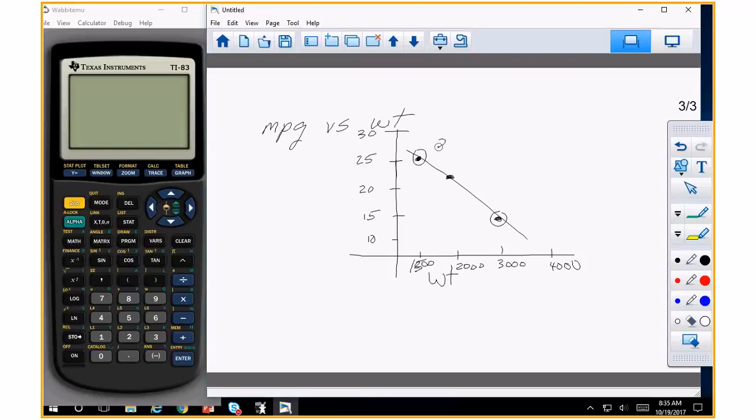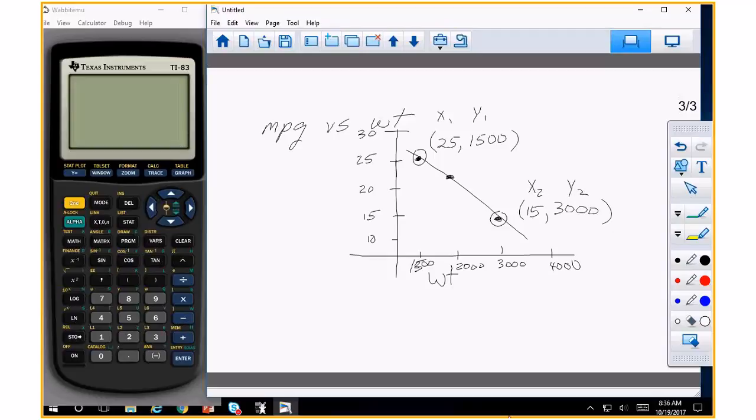All right, 25, comma, 1,500. And 15, comma, 3,000. Which way do we read? So this is x sub 1, this is y sub 1, this is x sub 2, this is y sub 2.